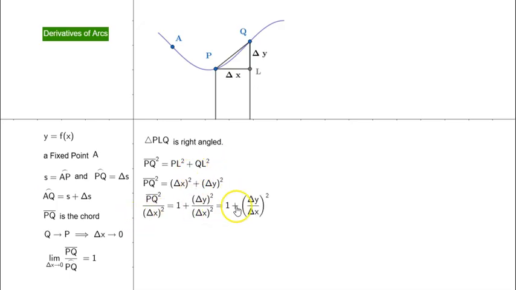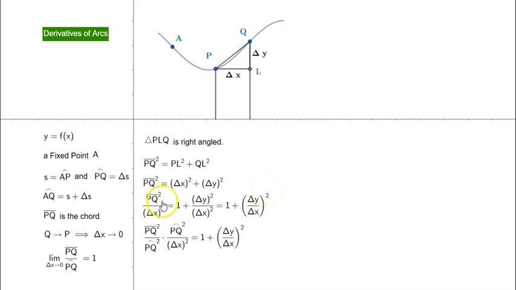By dividing all the terms by delta X square, we get chord PQ square divided by delta X square is equal to delta X square divided by delta X square gives us 1 plus delta Y square divided by delta X square, which is equal to 1 plus delta Y by delta X whole square.